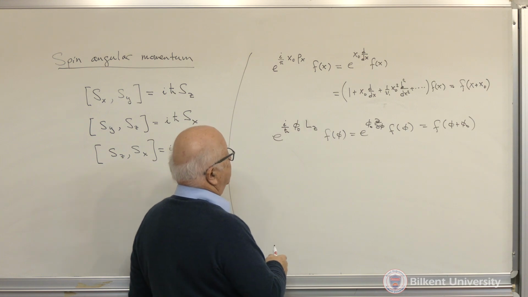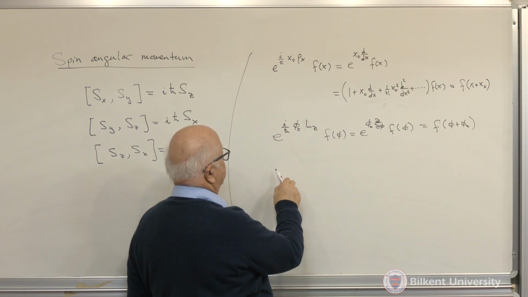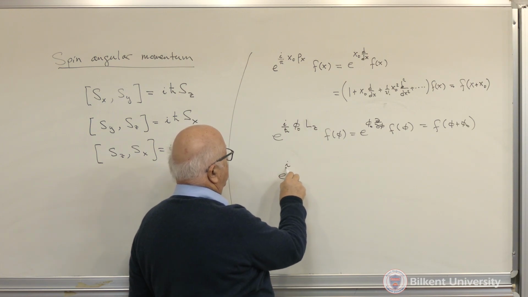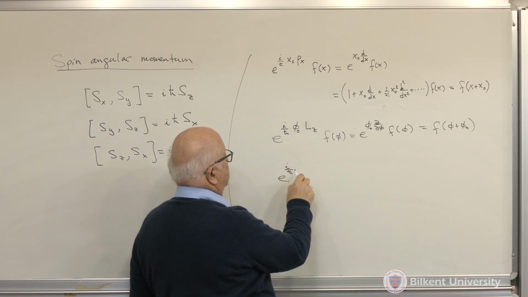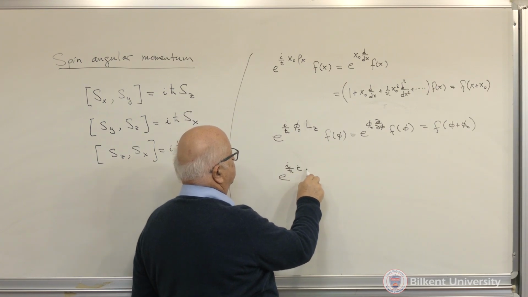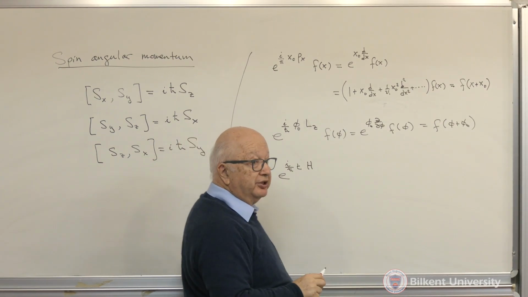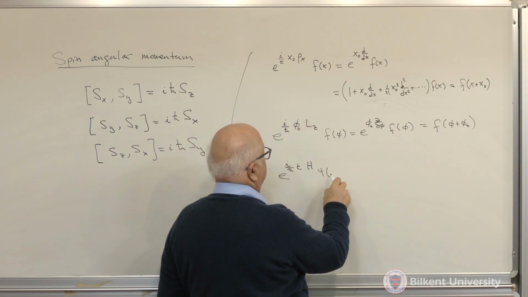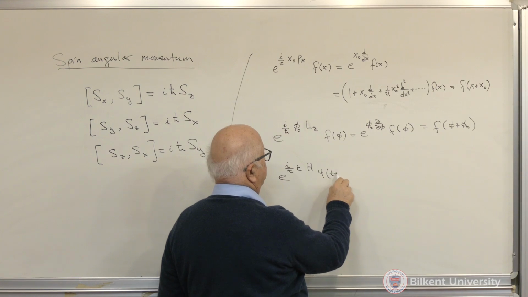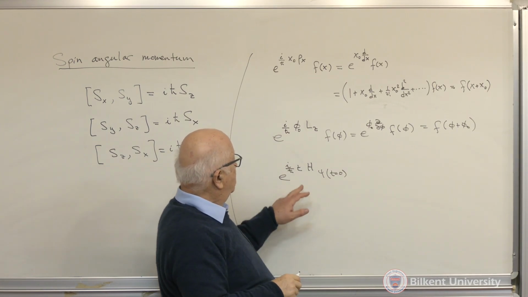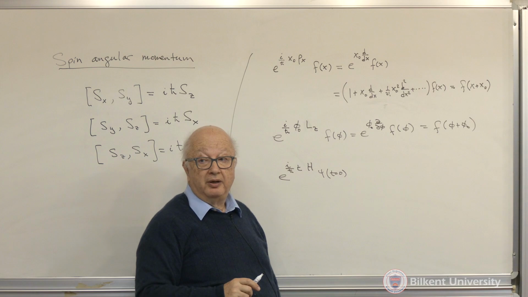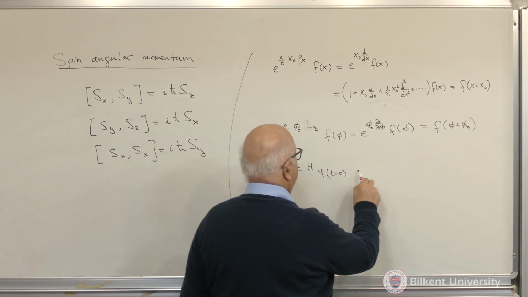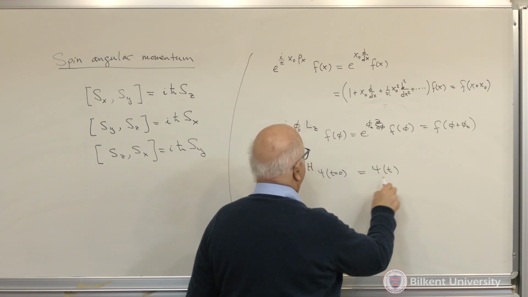Well, we have another operator. Let me put here i over ħ, some t times the Hamiltonian H, which will act on psi at t equal to 0. What will this give me? It will give me psi at t, right?